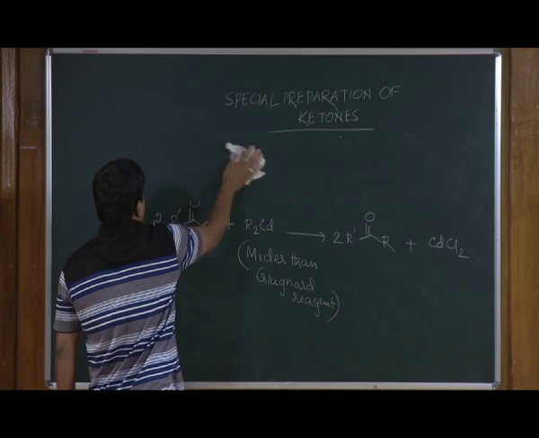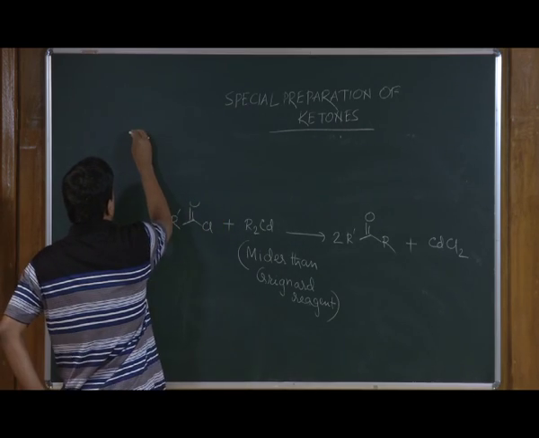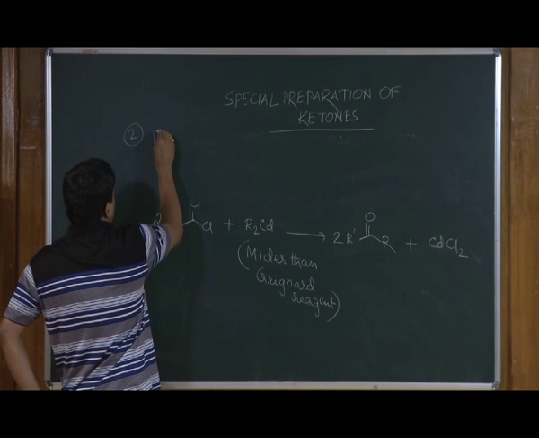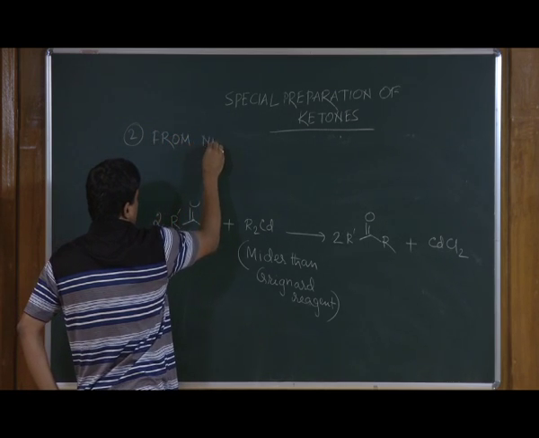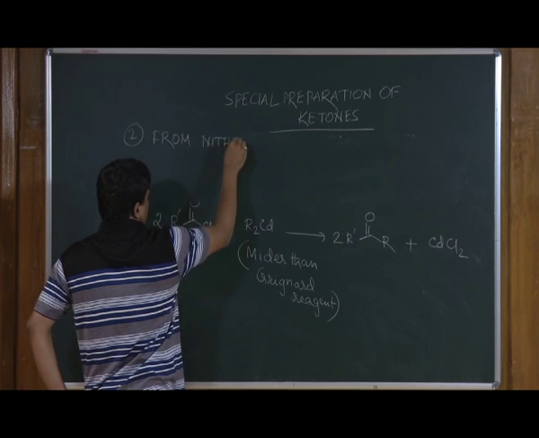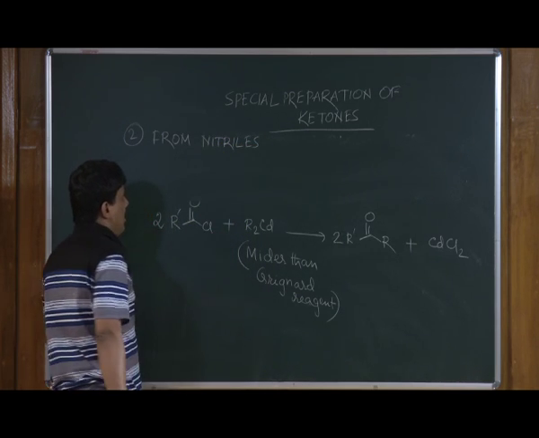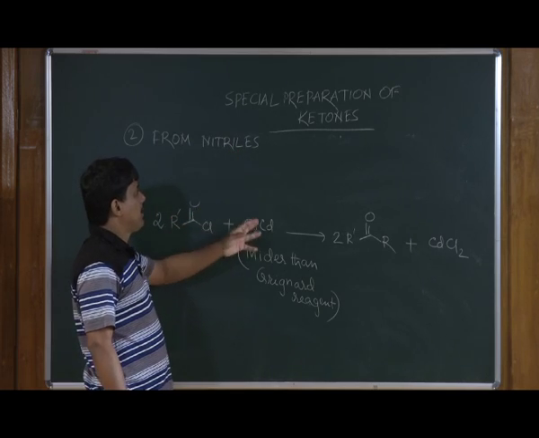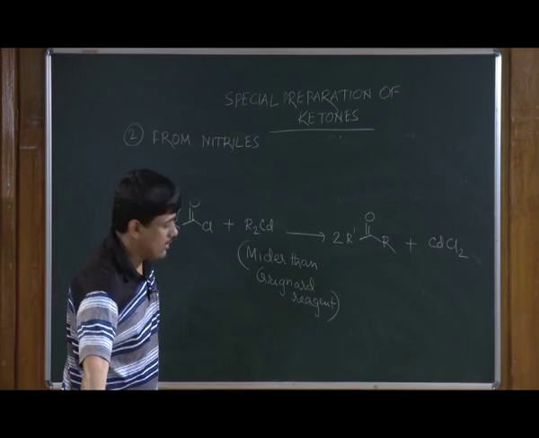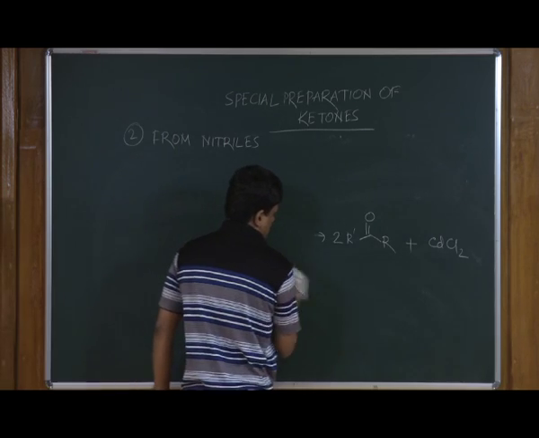And earlier I told that nitriles can also be used for the synthesis of ketones. So, we will discuss that now. And here always you need another group like R. Here also with nitriles you have to bring in another group like R, and that can be a Grignard reagent, and you can get the ketones then.